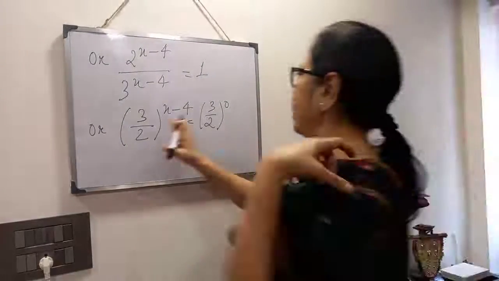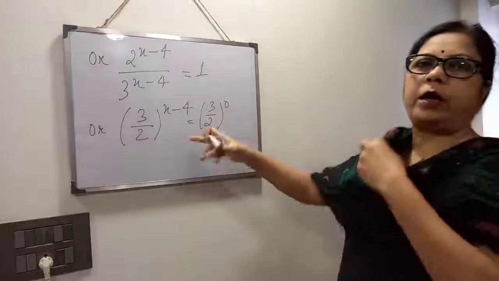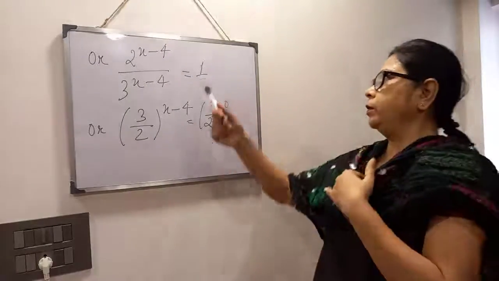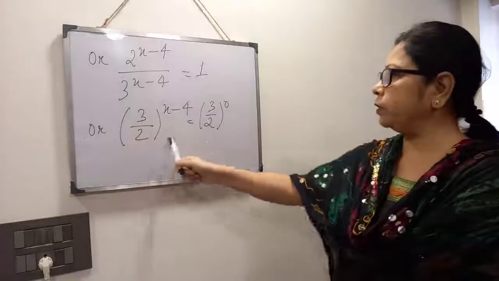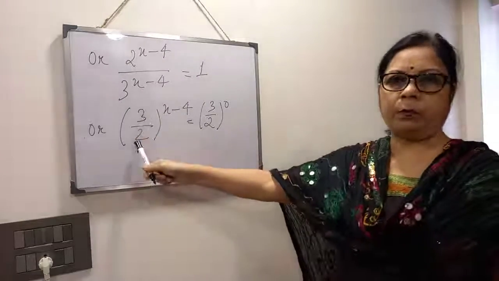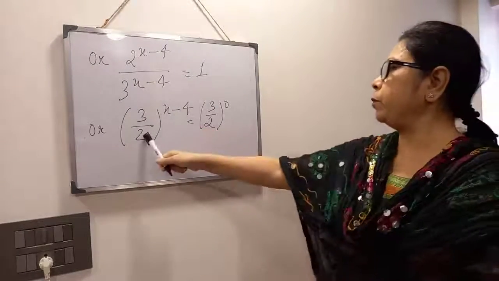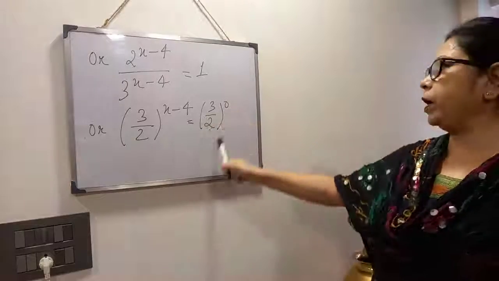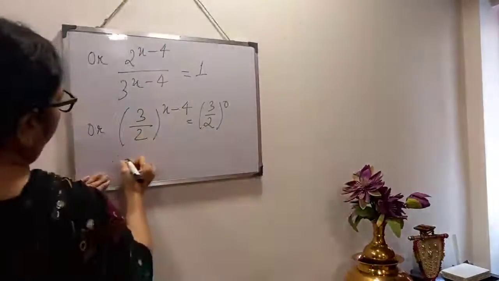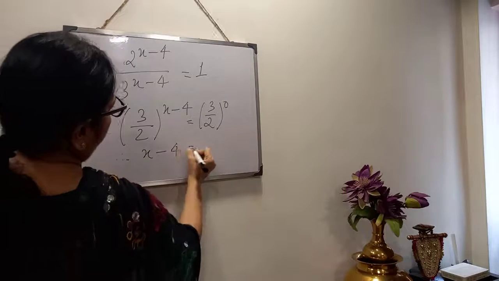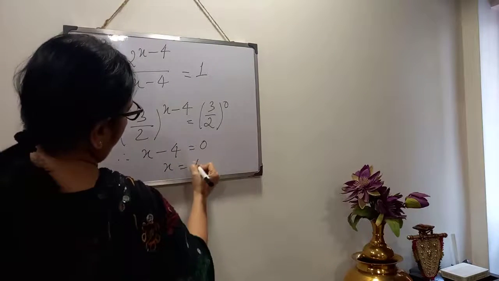So why have I written here 3 by 2? Why have I not written in place of 1 a to the power 0 or x to the power 0? As on the left hand side we are seeing that base is 3 by 2. We have to solve, so we have to make same base. That's why we have taken 3 by 2 only. Clear? Now base same, therefore x minus 4 equals 0, x equals 4.